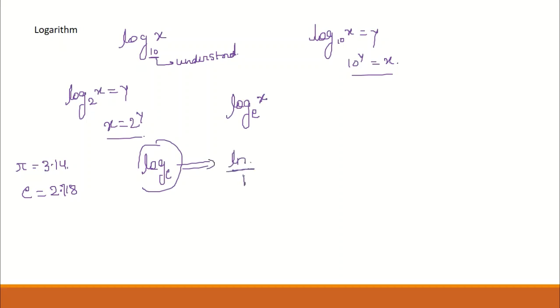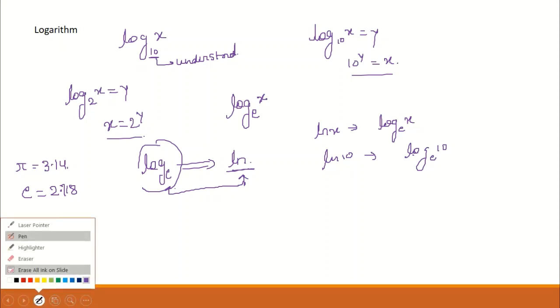This is a short form ln, where the base is understood as base e. Say if somebody has written ln x, it means log base e of x. ln 10 means log base e of 10. I think it's clear to you.